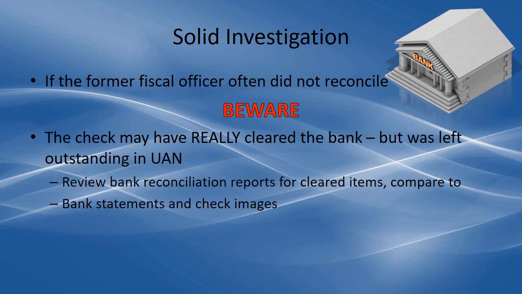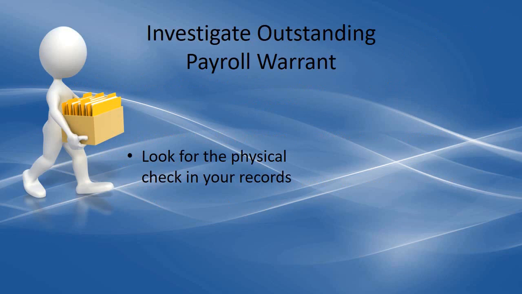You're going to have to review the bank reconciliation reports for the cleared items and compare those to the bank statements and check images that actually cleared the bank. This check may need to be cleared in your system. If it truly did not clear the bank, look in your payment files. Physically voided checks are supposed to be retained. Auditors verify that there are not missing unaccounted for warrants.